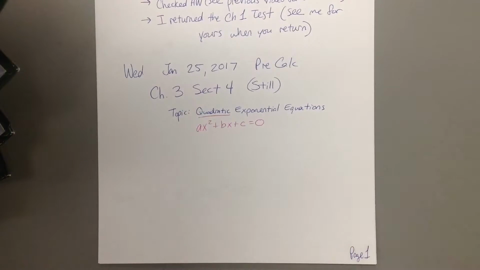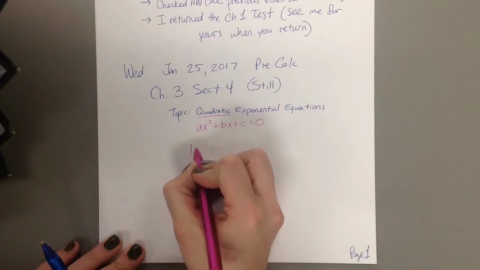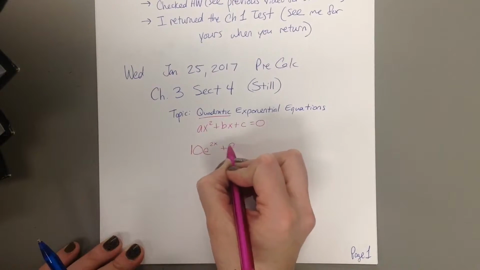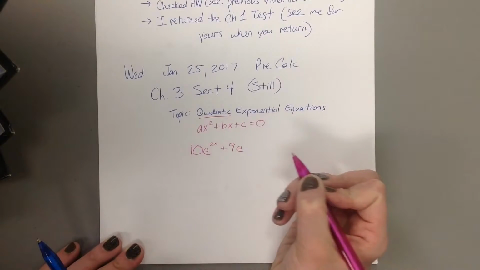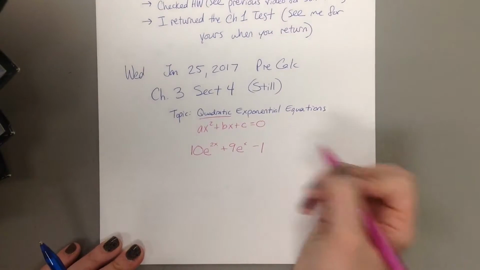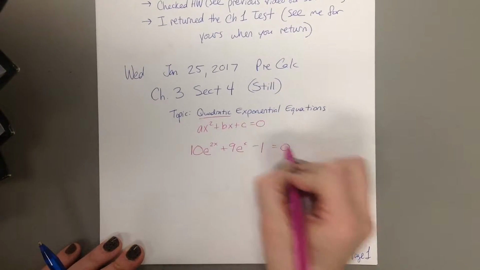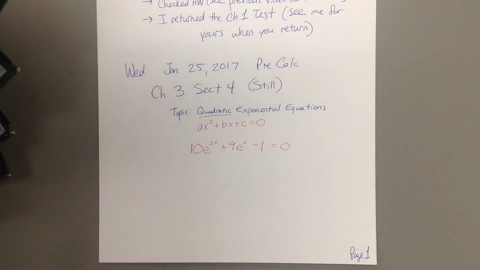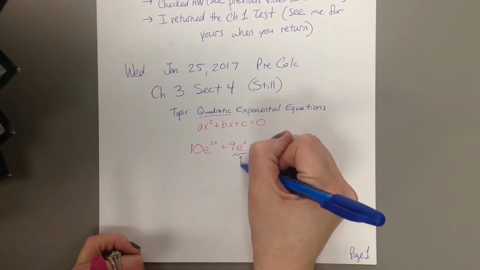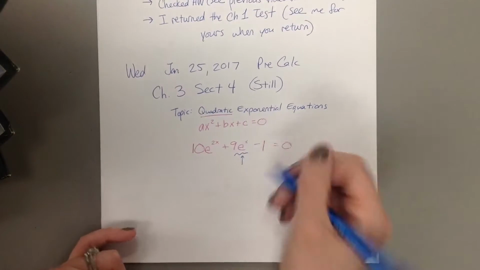Something you might see might look like this. Maybe it's 10 e to the 2x power plus 9 e to the x power minus 1, for example, equals 0. This is in quadratic form, meaning, take a look at this middle term. Look at the exponent.